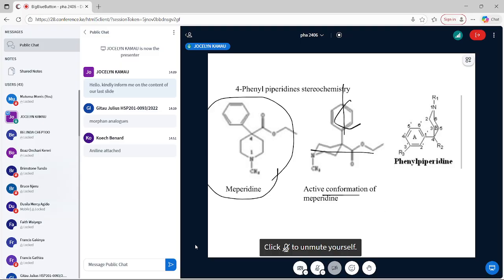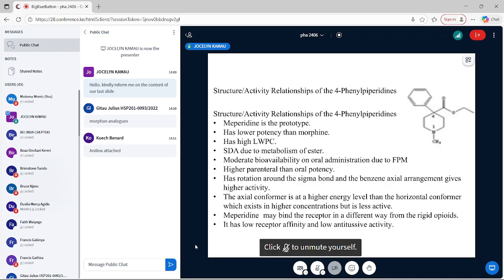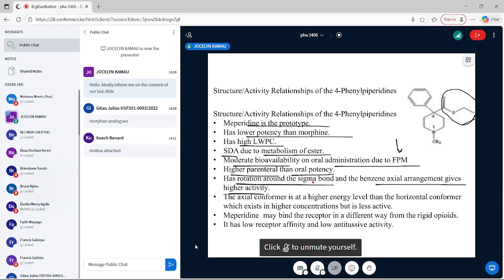So that is why I wanted us to come there, so that we appreciate the next point, where we are saying there is rotation around the sigma bond, and the benzene axial or vertical arrangement gives higher activity. The only disadvantage is that the axial is also the conformation which is more unstable.